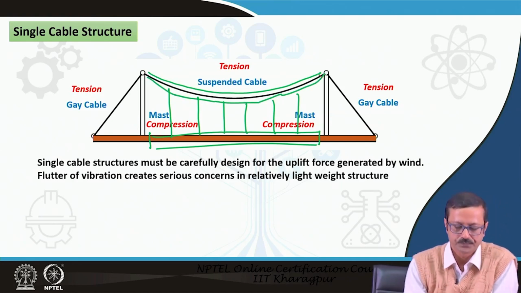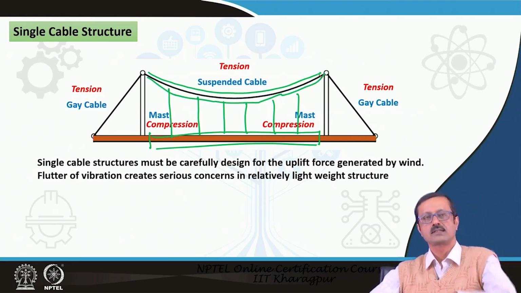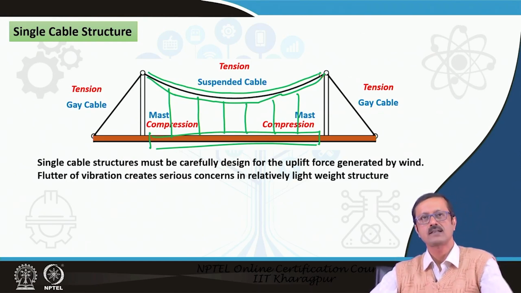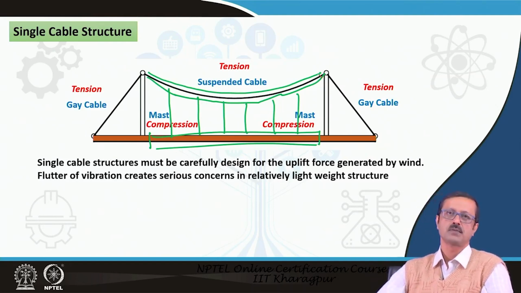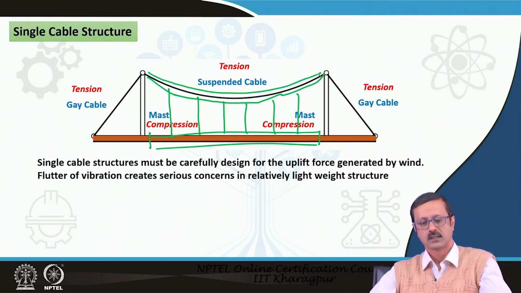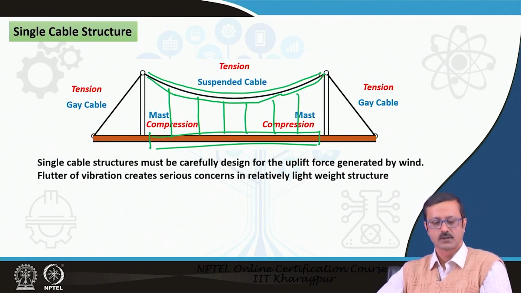The interesting thing is that the suspension cable sometimes can have a catenary, if you just leave it with its own weight and put the roof over there, or sometimes it may go with a funicular polygon, where we are taking the pointed load from below.